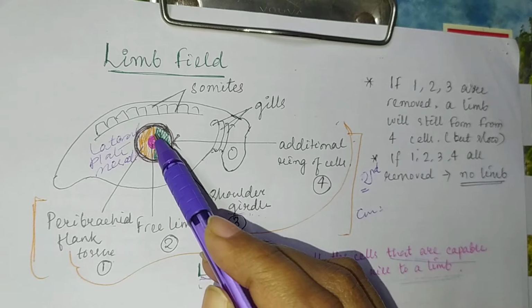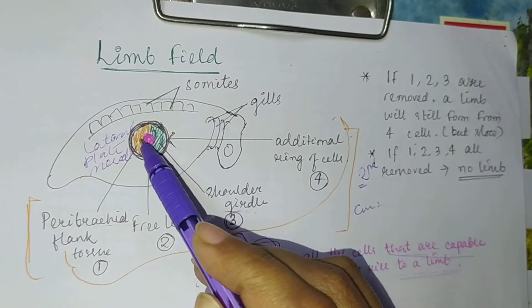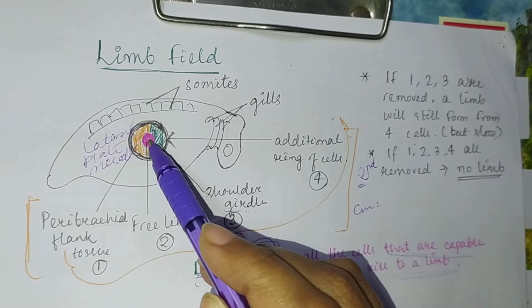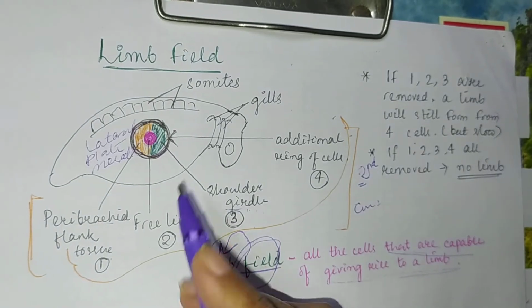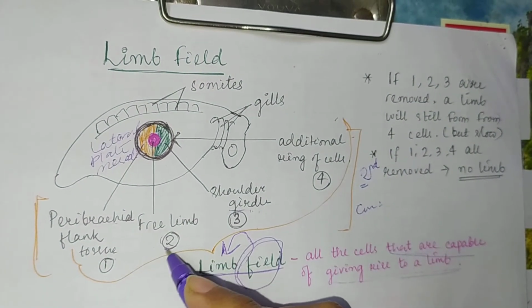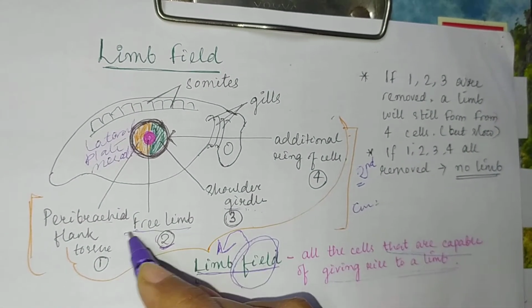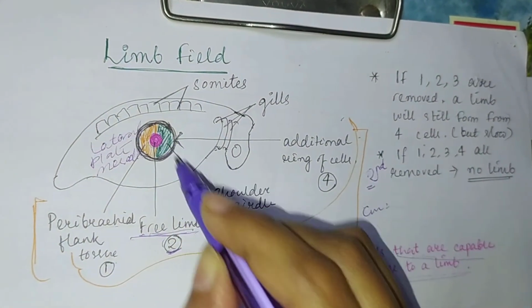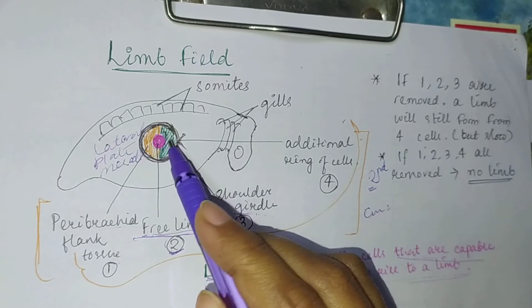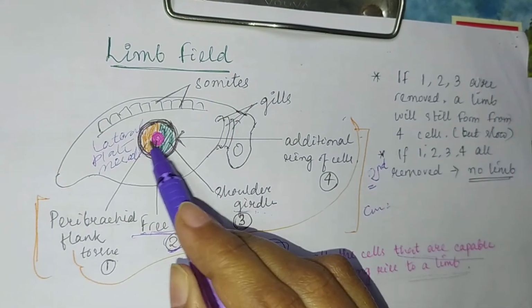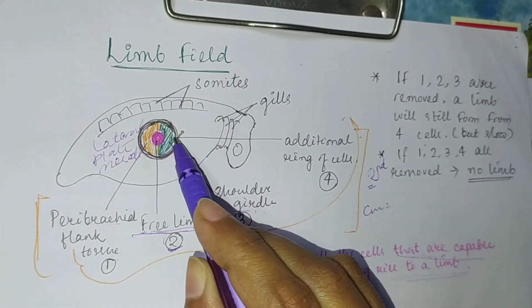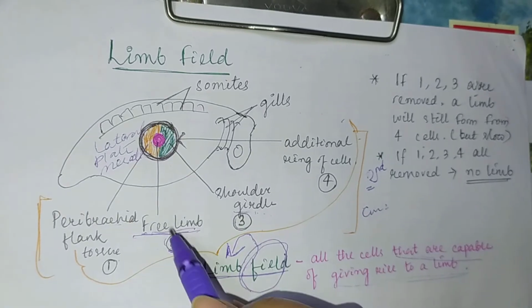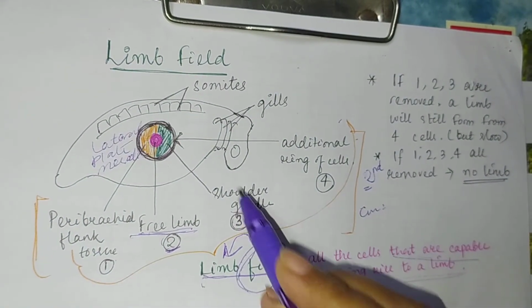But the limb itself forms from the central group of cells, that is group 2, and this forms the free limb. So all these three regions are forming the limb and its accessory parts.